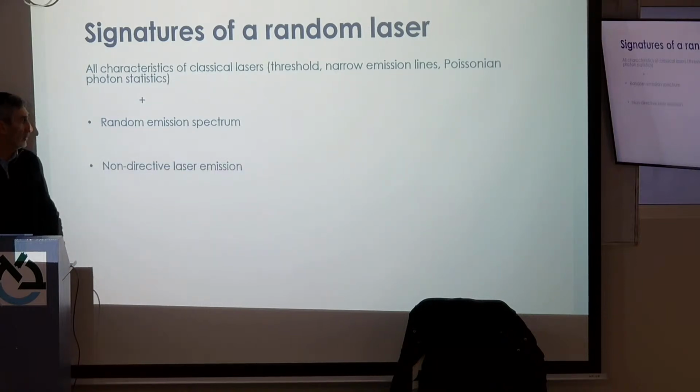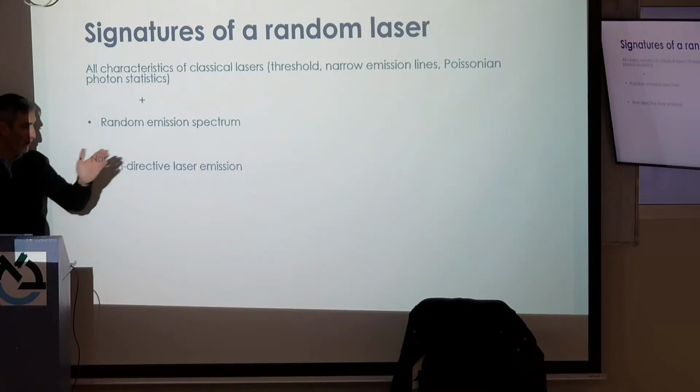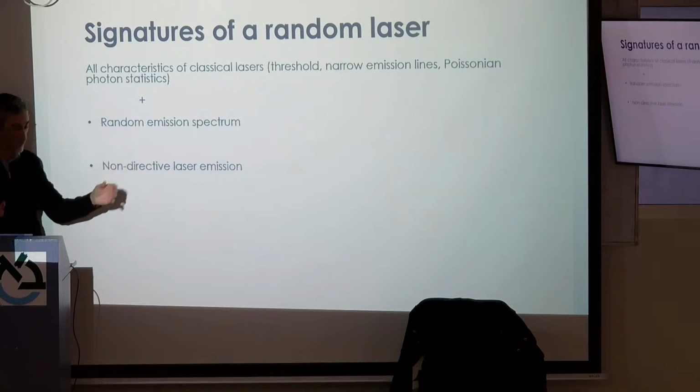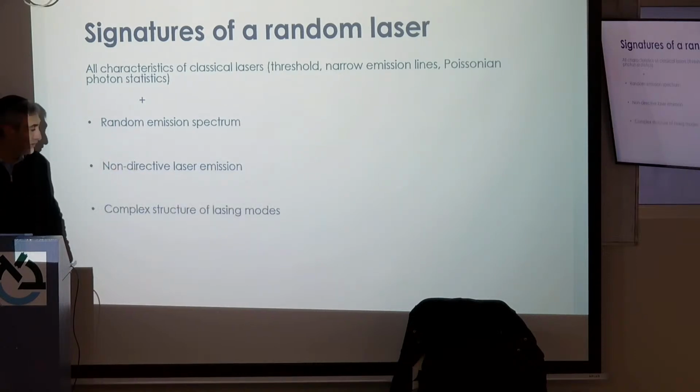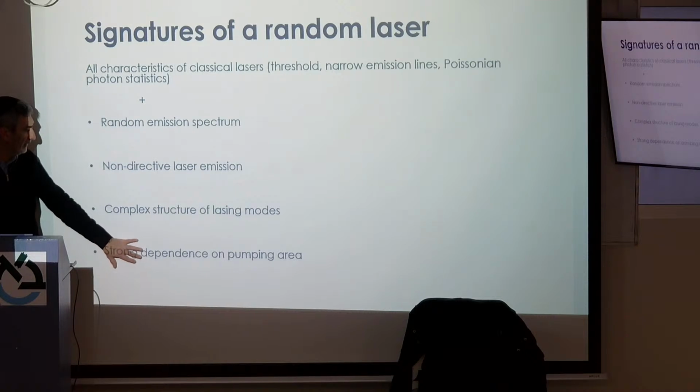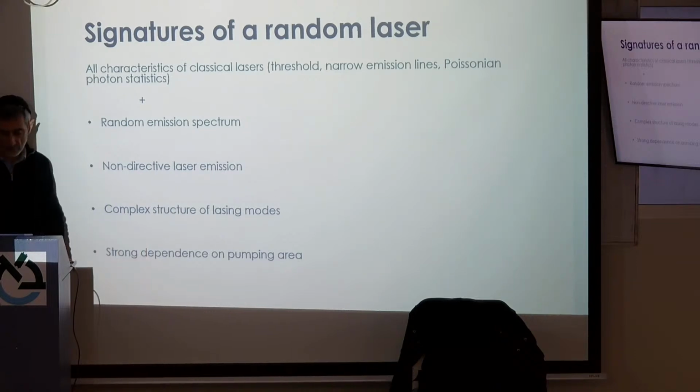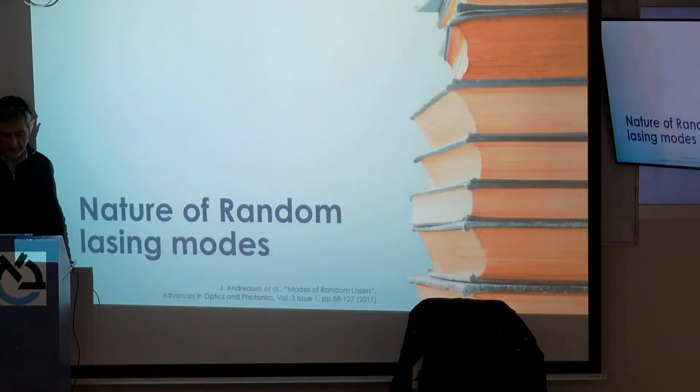Non-directive laser emission: you don't have this coherent light with the straight beam of a laser. It can emit in all directions, so that's very unusual. Complex structure of the modes: the modes can be quite complex inside the system, and this is strongly dependent on pumping area. I want to show you some experiment on that.